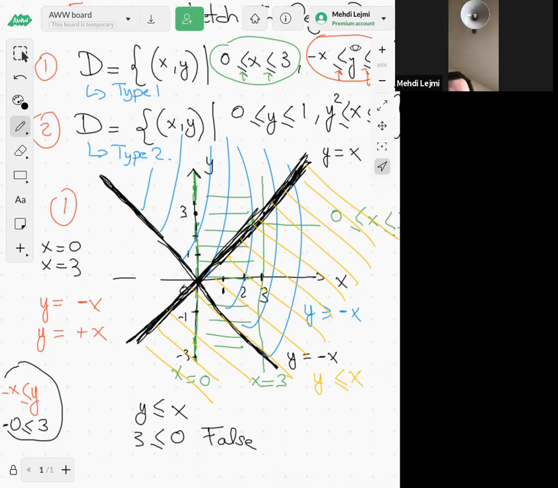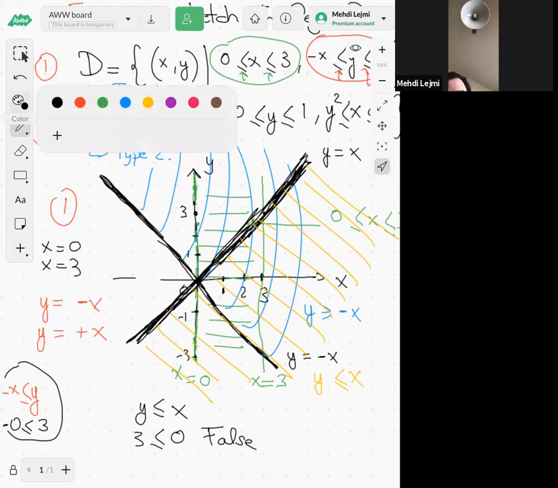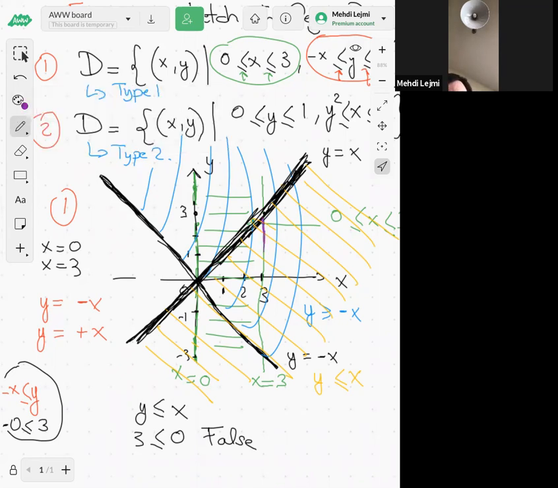The intersection would be this region here, which is at the same time green, blue, and yellow. So we get this triangle here. That's my region D.